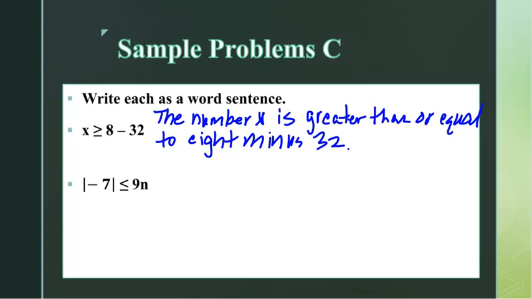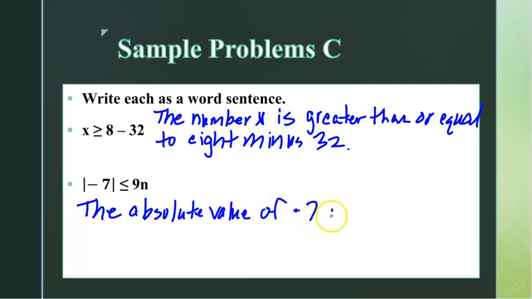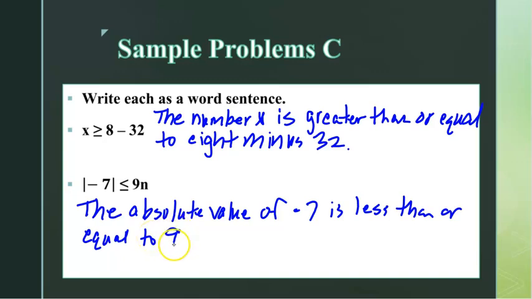On this next one, I have the absolute value of negative 7, so let me write that down. The absolute value of negative 7 is less than or equal to 9 times a number. And then I'll just say number n.